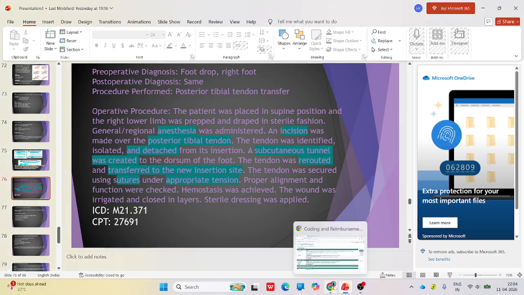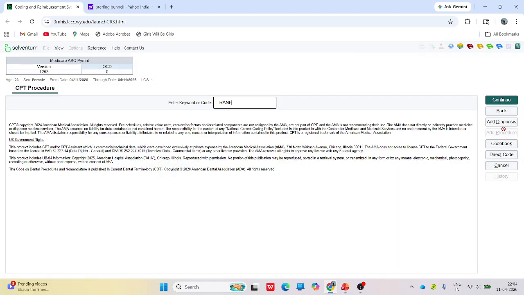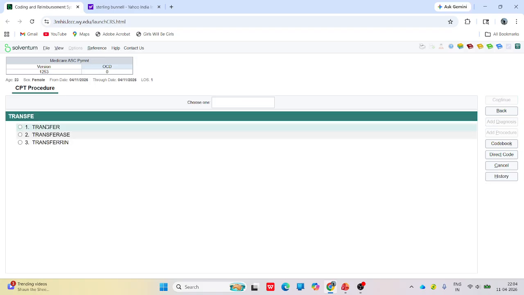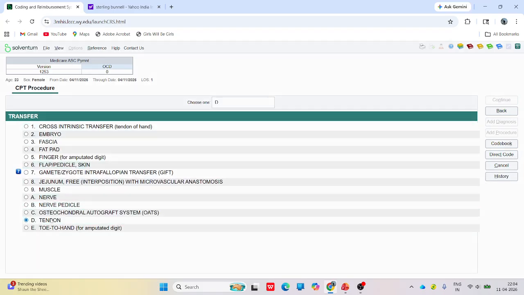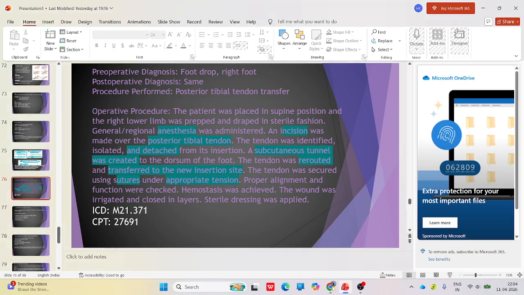What is the CPT? CPT for the tendon transfer. So we'll look up transfer, tendon transfer of the, which region?